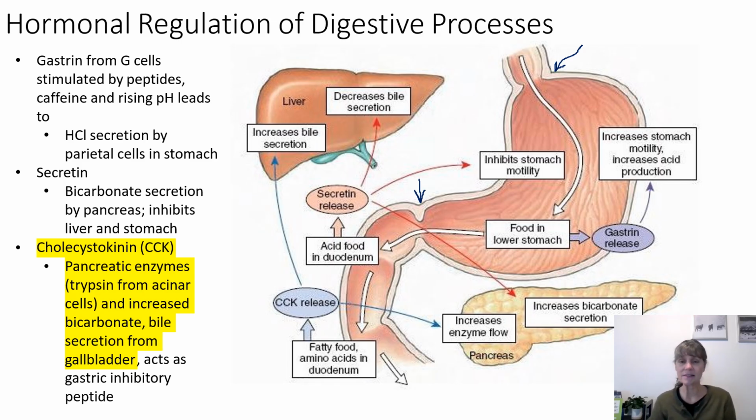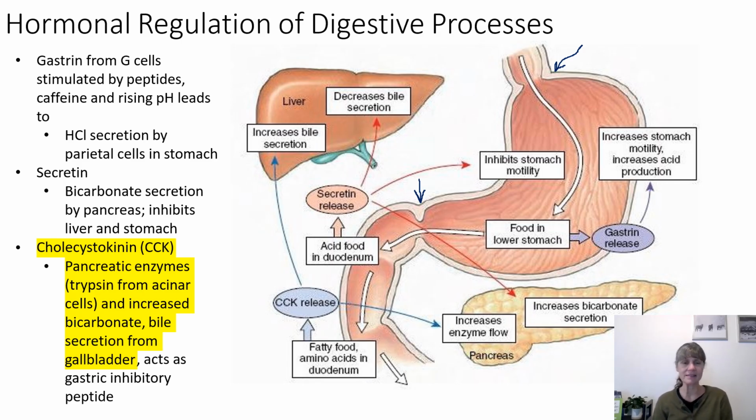Now, the presence of fatty foods and amino acids in the duodenum will cause the duodenum to secrete cholecystokinin. And cholecystokinin is going to increase the flow of enzymes from the pancreas.